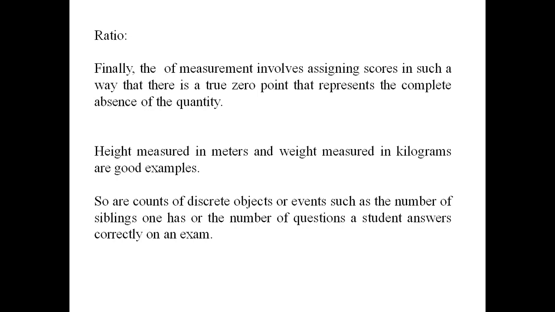You can think of a ratio scale as the three earlier scales rolled up in one. Like a nominal scale, it provides a name or category for each object. In the nominal scale, the numbers serve as labels.